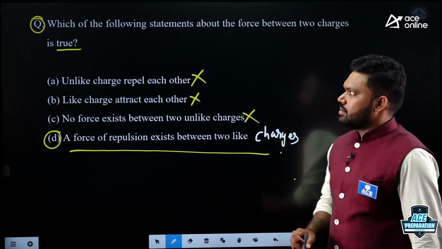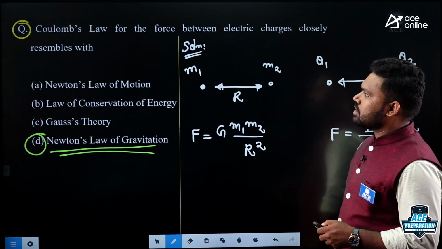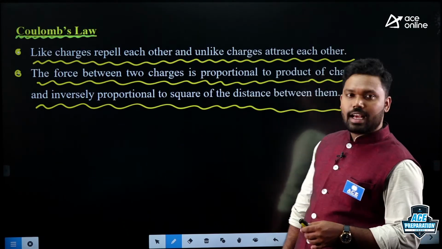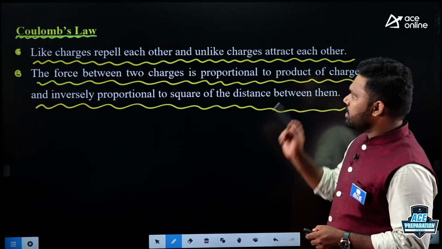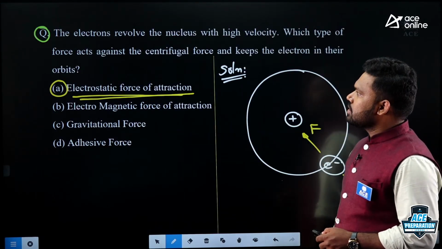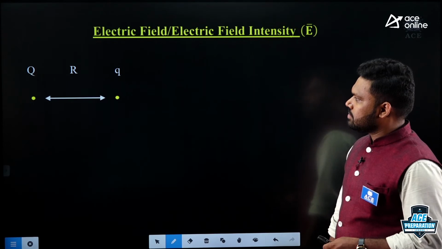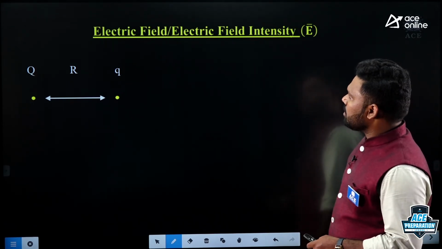Okay, friends, fine. So these are some of the varieties of questions noticed a number of times from Coulomb's law. You can easily answer them if you remember these statements and this law, this expression. Now, as I said earlier, we are going to focus on the electric field, also called electric field intensity.